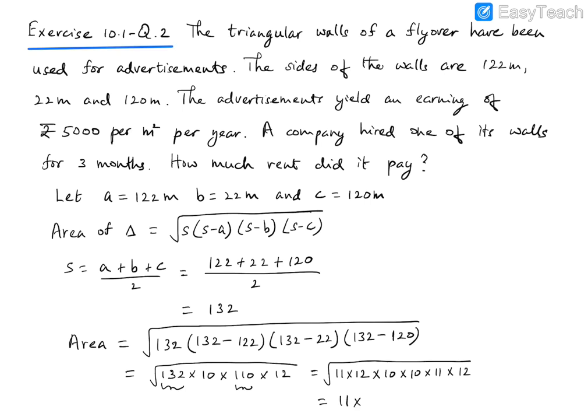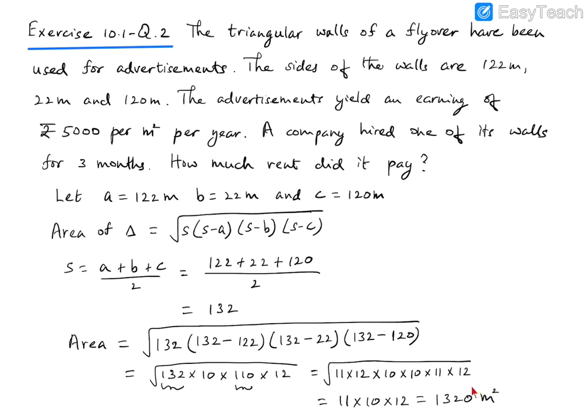And similarly there are 2 10s, so that will become 10. And there are 2 12s under the root, so we'll take it outside the root, and that becomes a single 12. So this product is now the area of the triangle. So that gives us an area of 1320 meter square. So that's the total area of the wall.